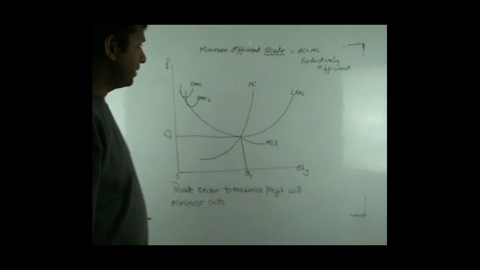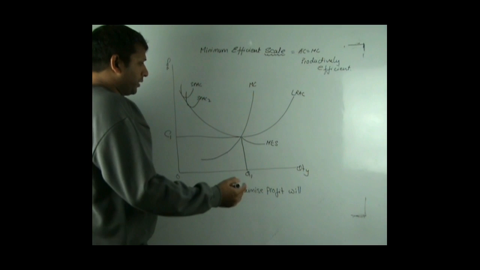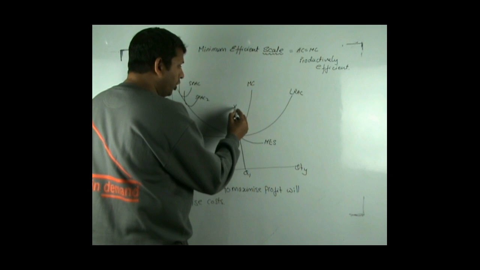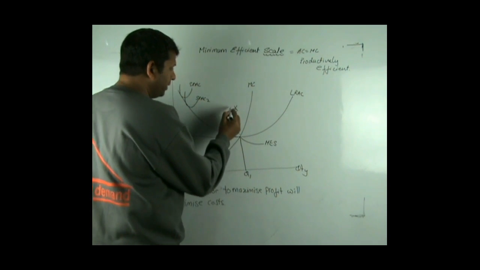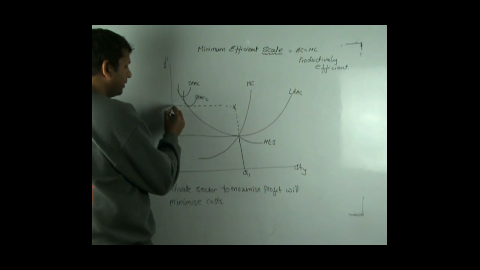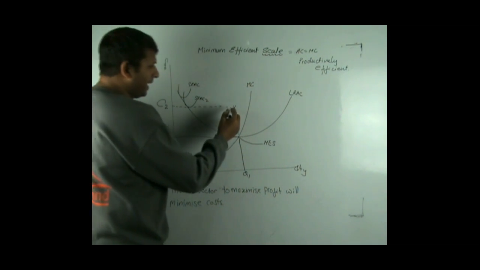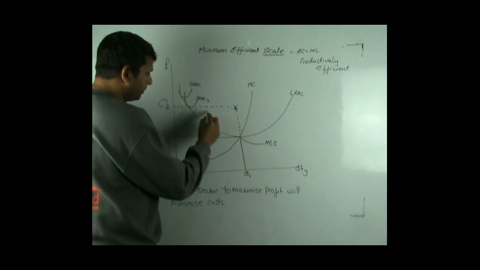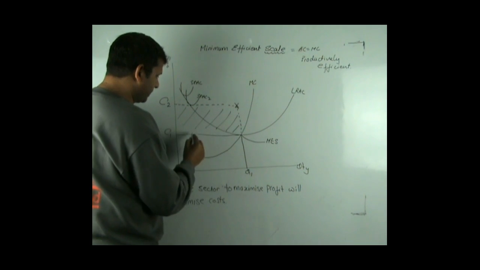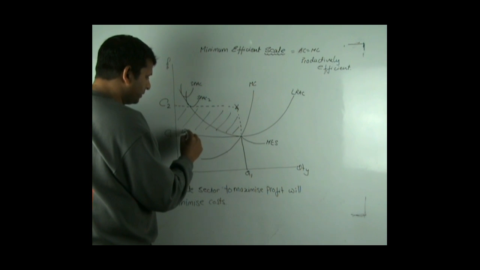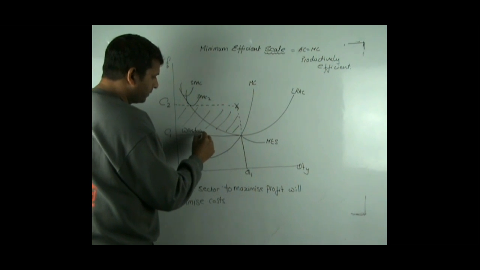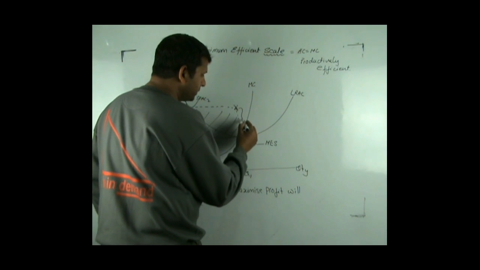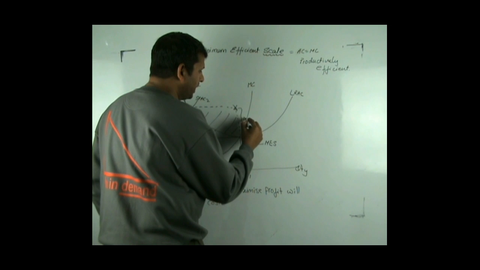What we normally have in public organizations is that they might be operating over here, at this point X. All this is wastage, and we normally call this organizational slack.